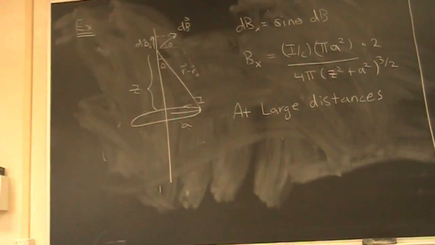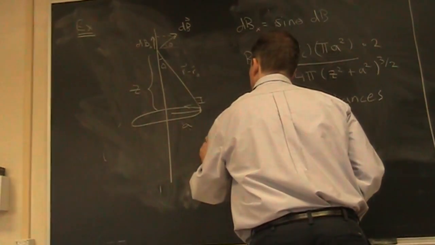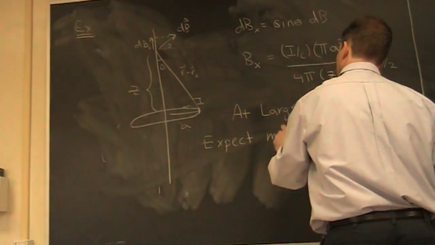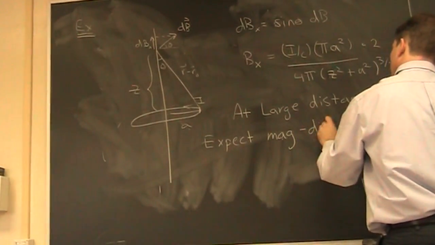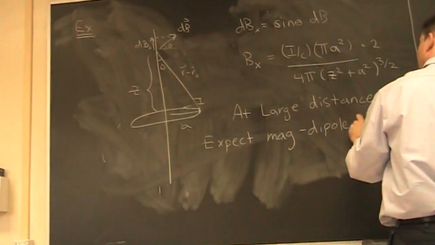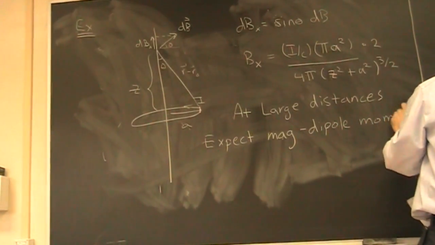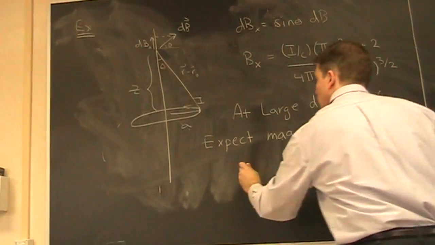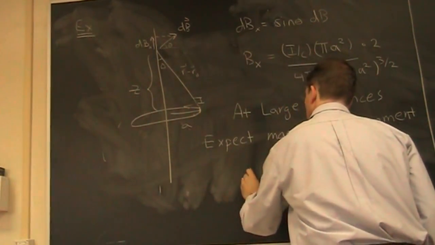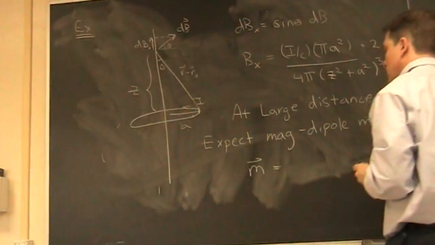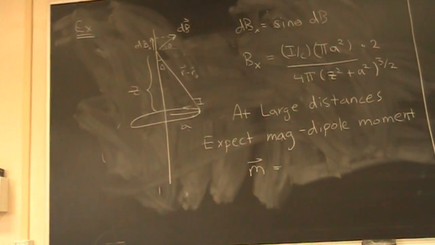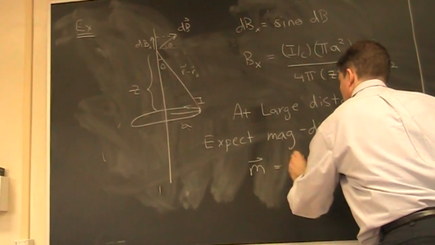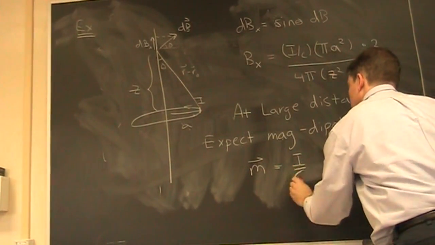So at large distances, expect this dipole moment. The magnetic dipole moment of a loop, we'll derive it, but let's just remember it. It's I over C times the area.